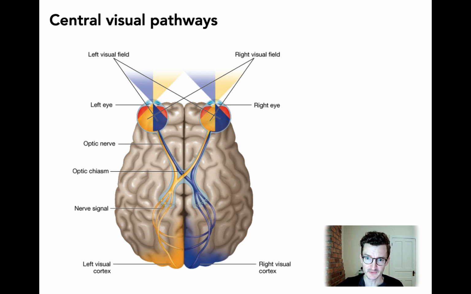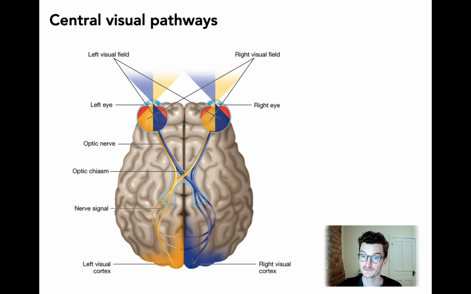And what happens is that photoreceptors in the retina transduce light and turn it into action potentials. Those action potentials are sent down the optic nerve. At the optic chiasm, they cross over such that visual information from your right visual field, so everything to the right of your nose, ends up in your left hemisphere. Everything to the left of your nose ends up in your right hemisphere.